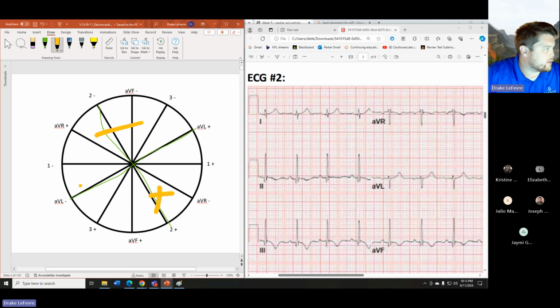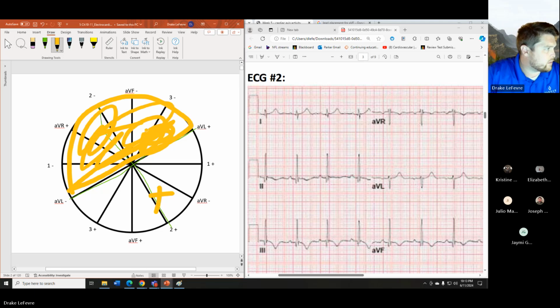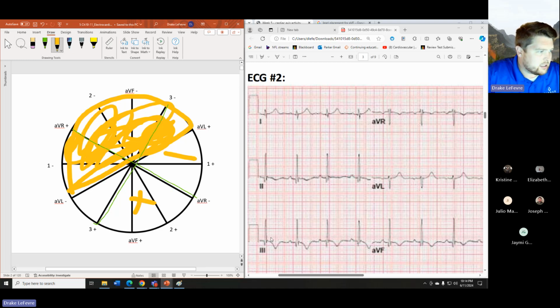Lead 2 is positive, so we shade out all of the negative space. We're not going to mess with any of that. Continuing on, lead 3. We find lead 3 right there. We identify the perpendicular line. This side is negative. This side is positive. Lead 3 is positive. Shade out the negative.